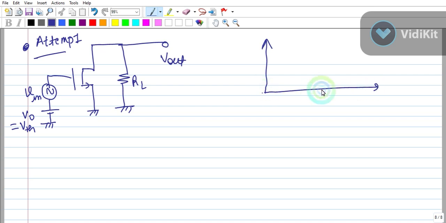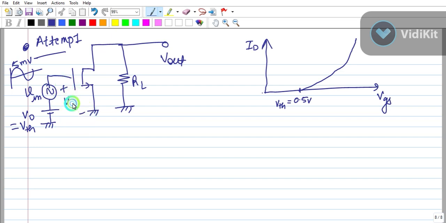Now I am making the VGS ID graph. This is zero, 0.5, VTH. Now I'm making V in also 5 millivolt, and this is VGS.